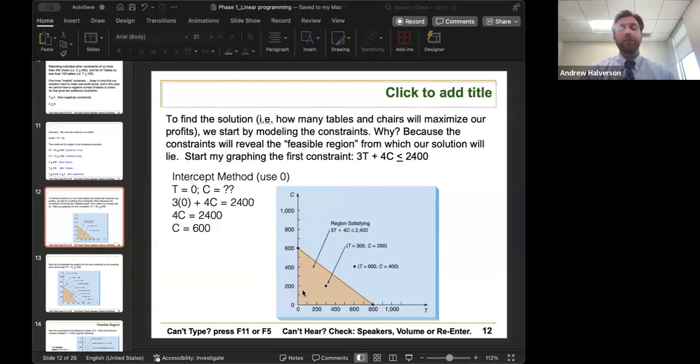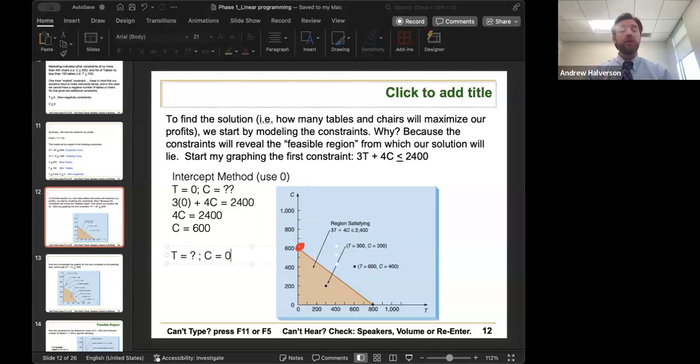We have the t-axis as the horizontal axis and c as the vertical axis. Graphing creates an ordered pair. So when t is 0, we put a dot on 600 on the c axis. Rinse and repeat. This time, what is t when c is 0?